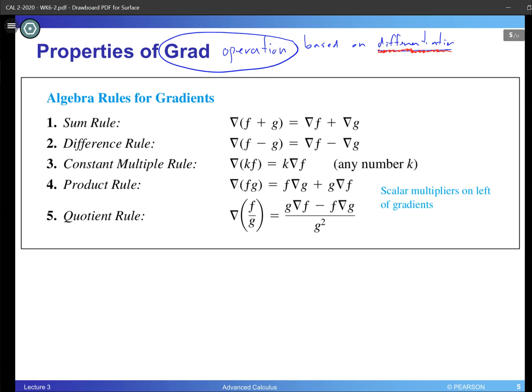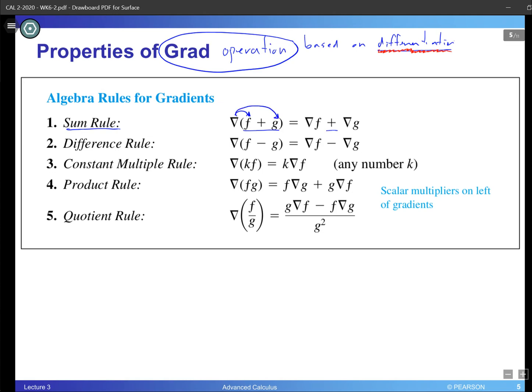As you can see here, let's take a look at the sum rule. If you want to find the gradient of the sum of two functions, you can distribute the gradient to each one of them, and then perform the plus at the end of the calculation.